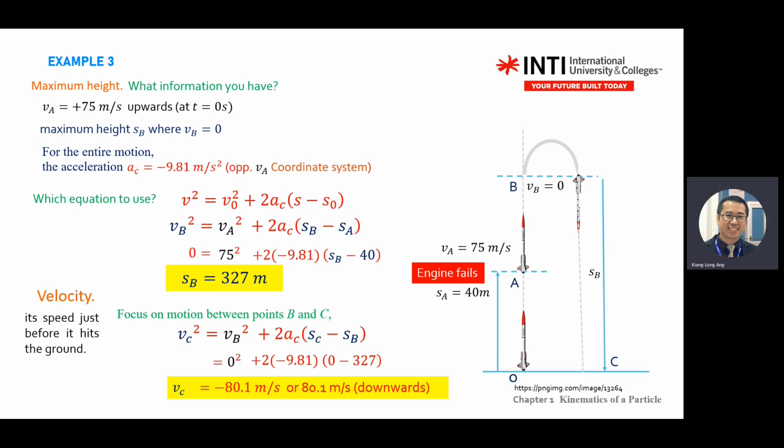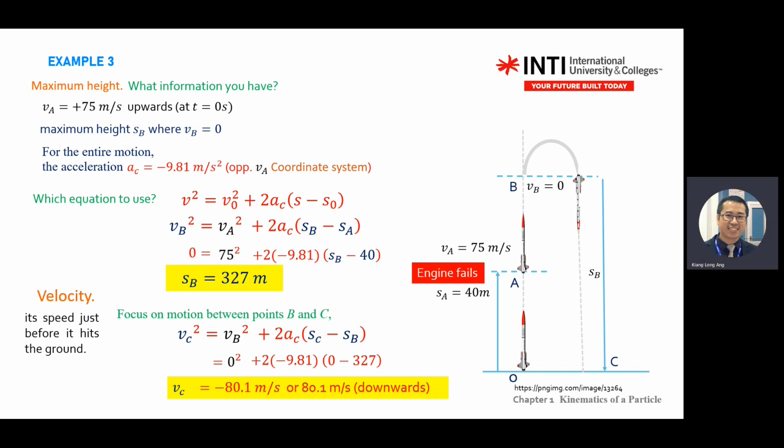Going down. So there are two sets of answers. You can write negative 18.1 meters per second, then you tell the motion goes down. Or you can give the positive magnitude, but state the motion. Two sets of answers. You can give either this one or this one.